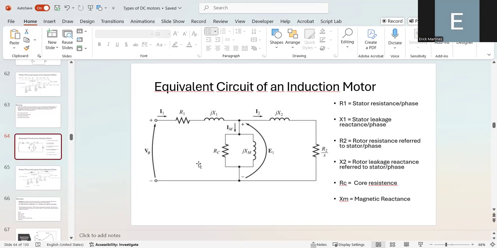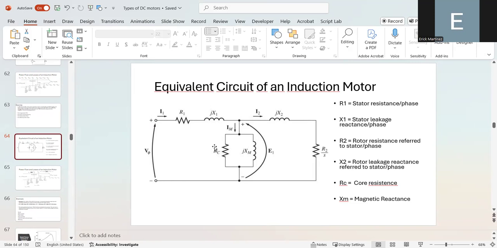the induction motor, in which we have R1, the resistance of the stator, and X1, the reactance of the stator. Also, we have this resistor and this reactance in parallel. RC is the resistance of the core, and Xm is the magnetizing reactance of the core of the stator.